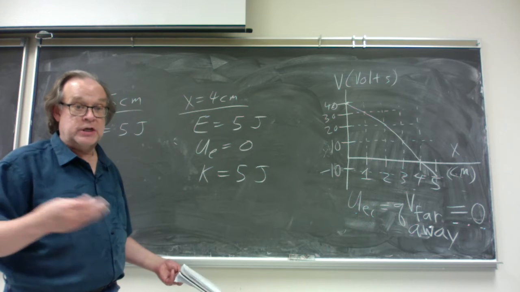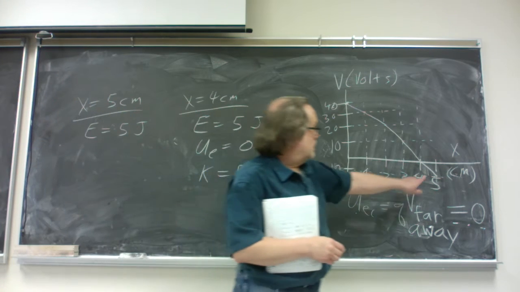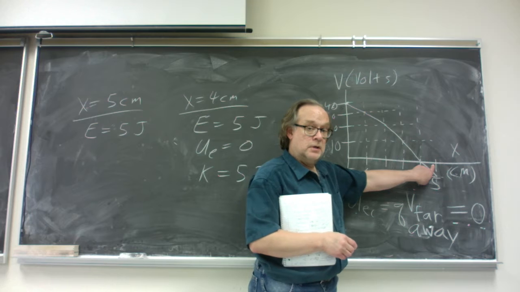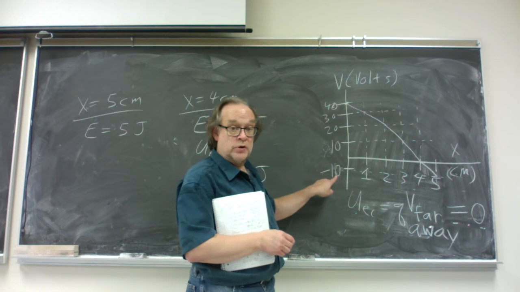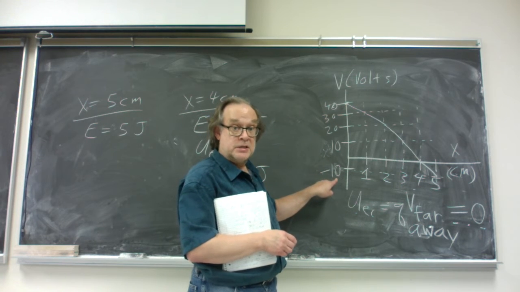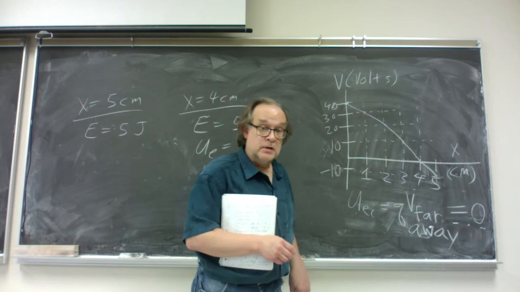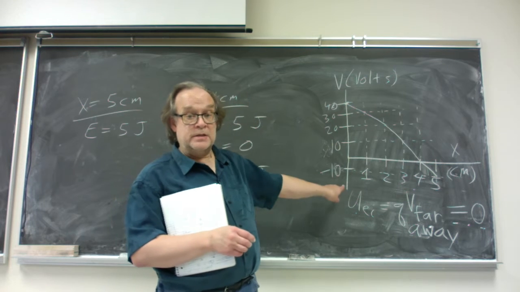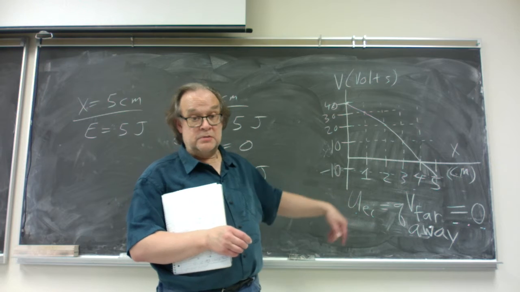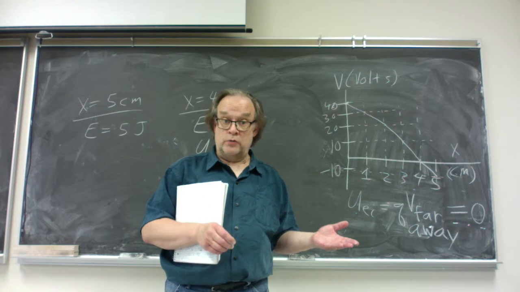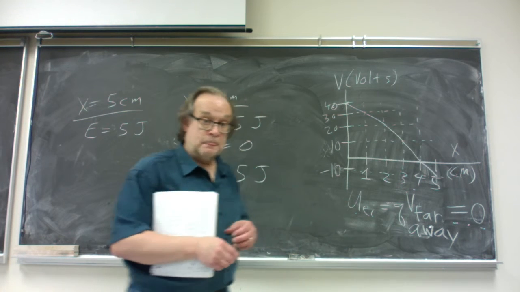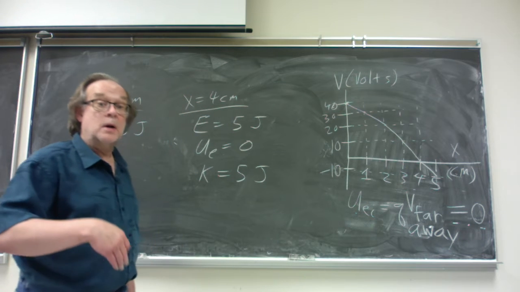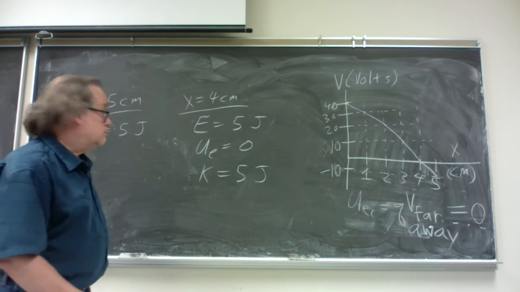Potential energy is charge times potential. At x equals 5, the potential is, according to this graph, minus 10 volts. So the potential energy is minus 10 volts times 0.1 for the charge. So the potential energy is now minus 1.